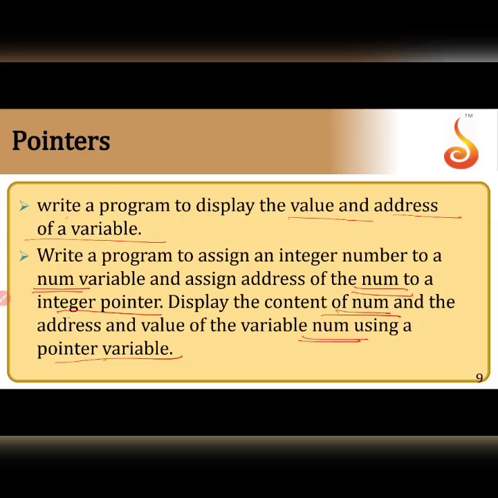So I need to declare an integer variable and assign a value to it, and then declare an integer pointer, make it point to the integer variable, and using the variable display the value of it, and also using the pointer display the value and the address of it. So these are the things I need to do. So we'll write this program.